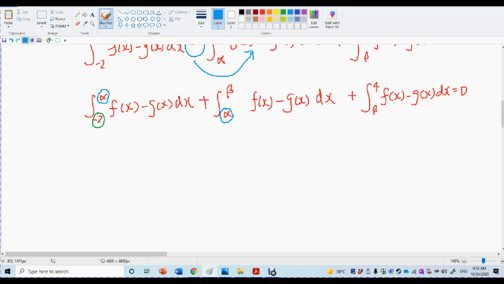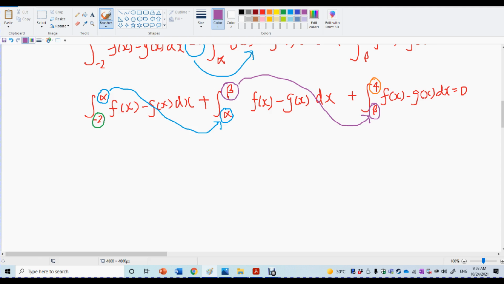The upper limit of the first integral equals the lower limit of the second integral, and that's beta, and here's the beta. They are the same as well. And the last one is 4. Can we combine all these three integrals into one? Yes, because the upper limit of the first integral equals the lower limit of the second, and the upper limit of the second equals the lower limit of the last.